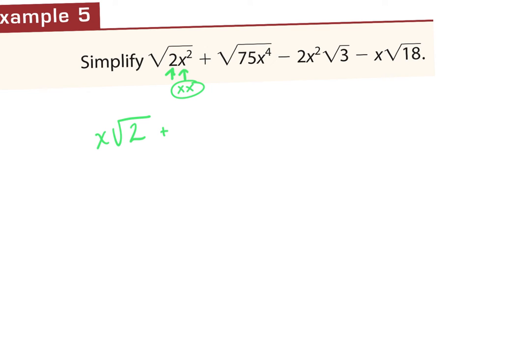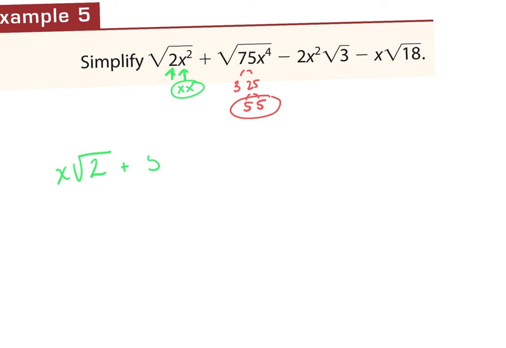Let's look at the next one. 75. That's 3 and 25. 5 and 5, right? What's going to come out? A 5 is going to come out, right? What's going to stay in? 3, right? I can actually do this in a different color.